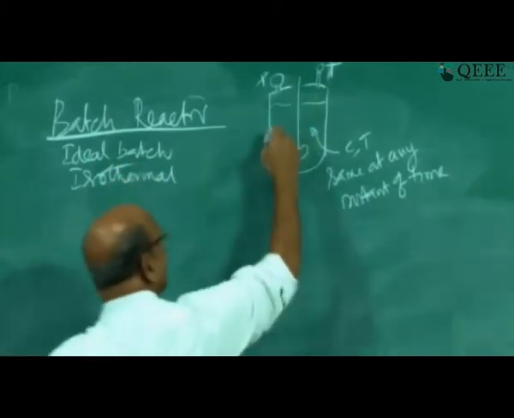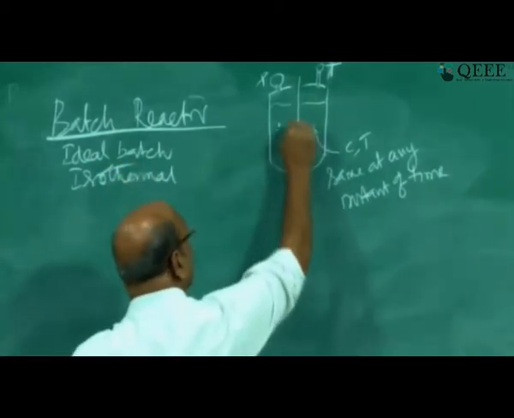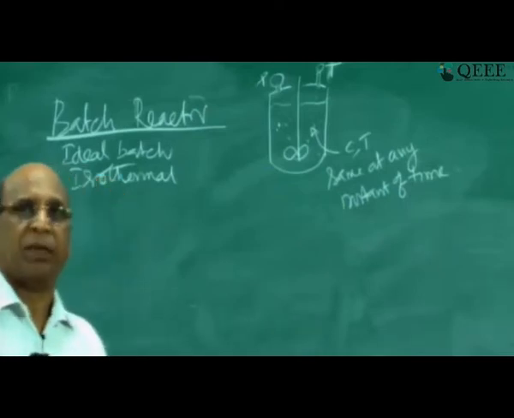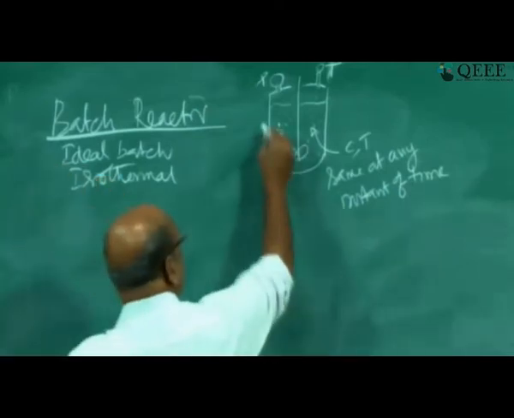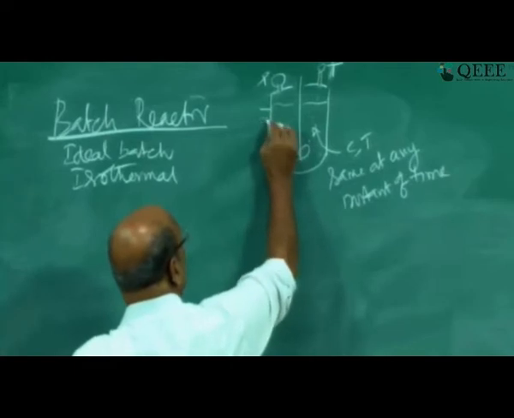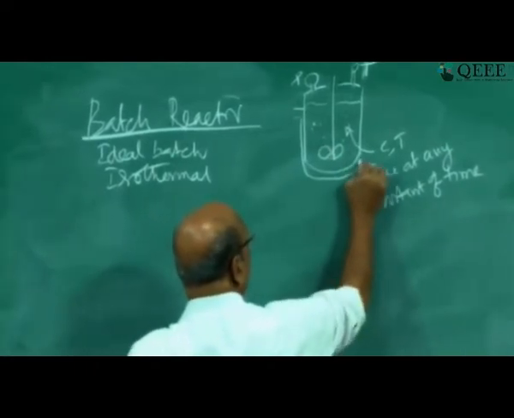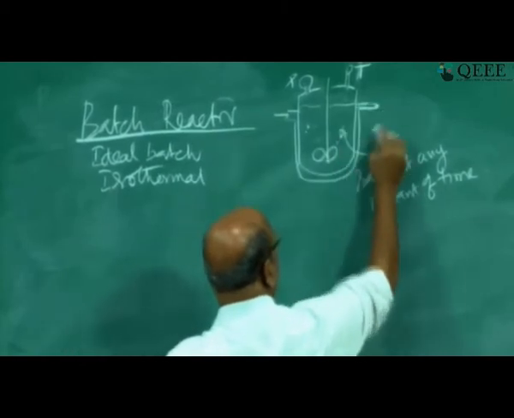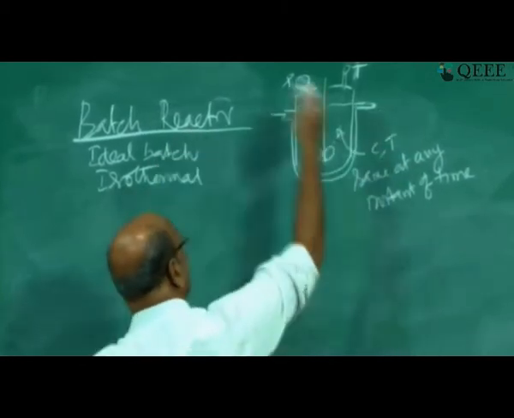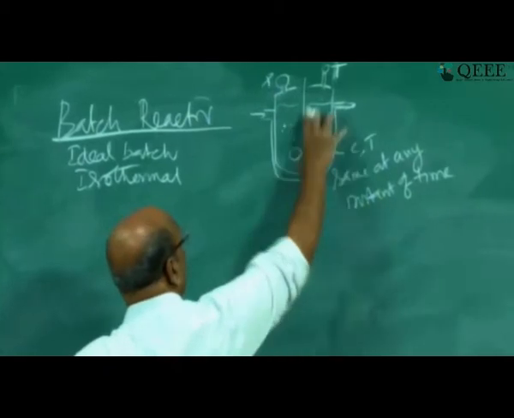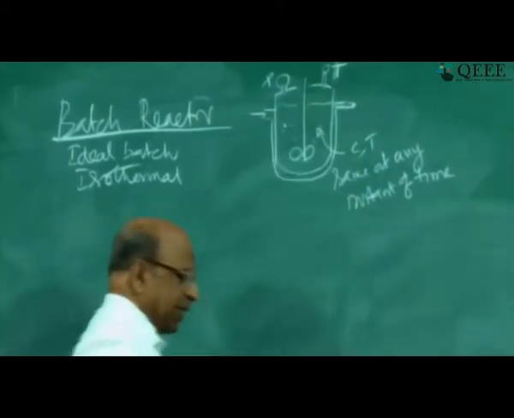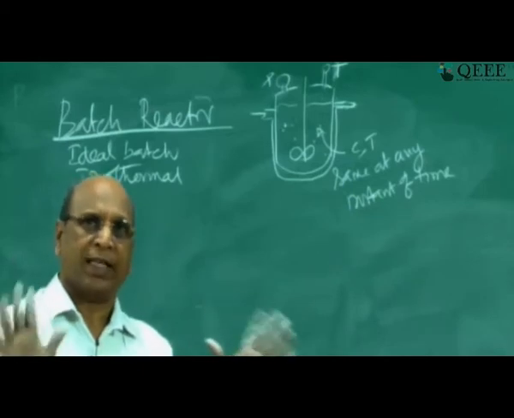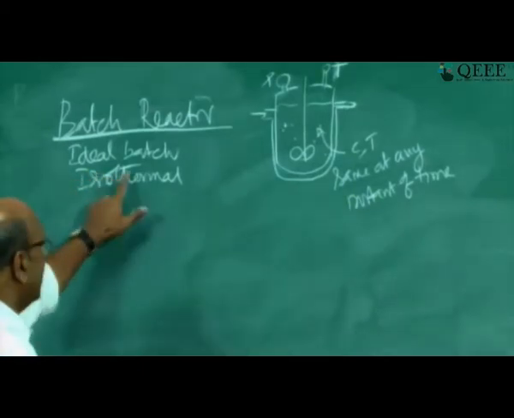Isothermal means inside the reactor, anywhere, all the time, you have the same temperature. So how do we maintain that? It is normally difficult to maintain, but our imagination is that we will put a jacket here, and this is cooling water if it is an exothermic reaction, or if it is an endothermic reaction, this is a hot fluid, where you can maintain the temperature at that isothermal condition of 100 degrees or 150 degrees centigrade. Okay. So these two are the assumptions.